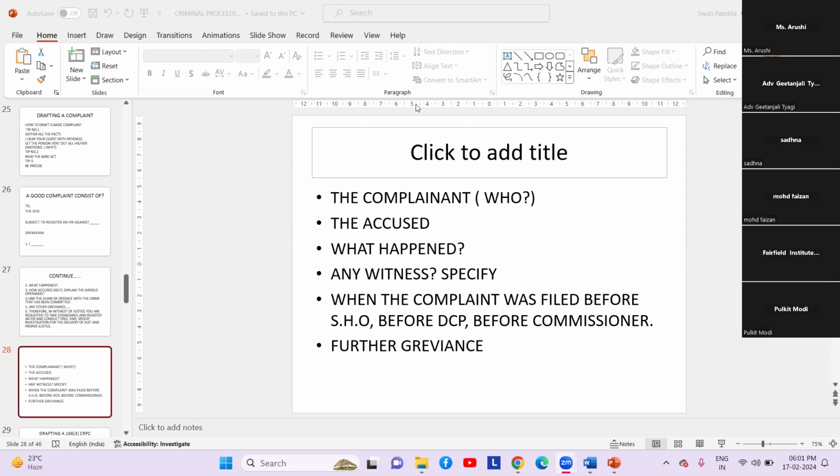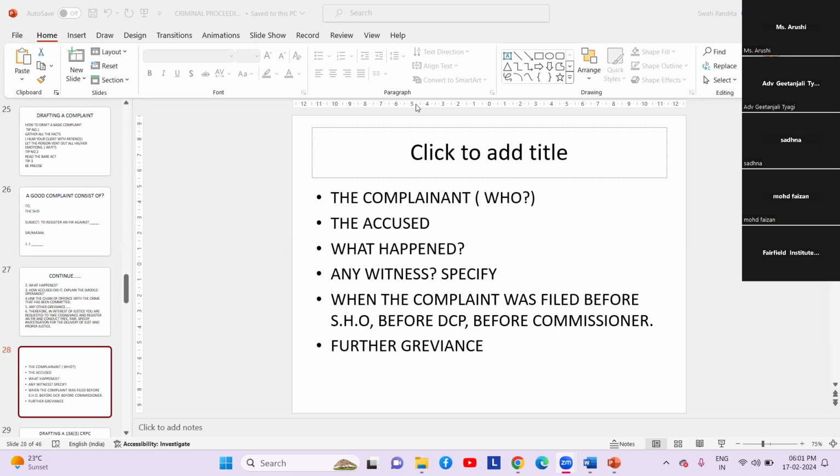If you'll go with the complaint and the police officers are ready to lodge your complaint, this is how you should go. But many times, almost 90%, the police officers don't register a complaint and don't lodge it as an FIR. So what is your remedy?